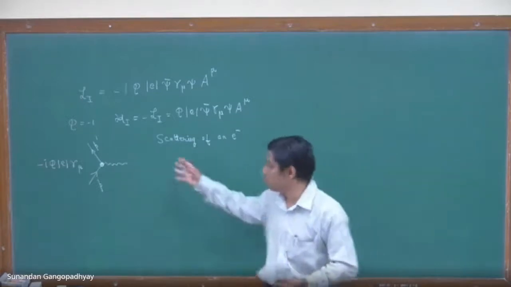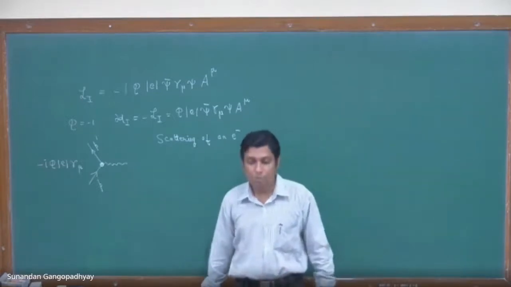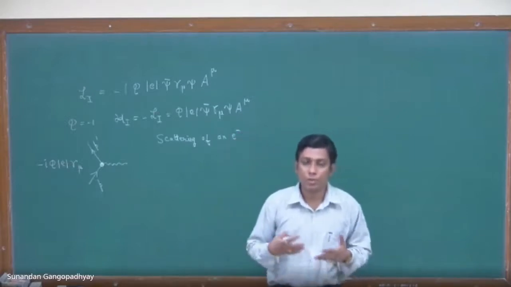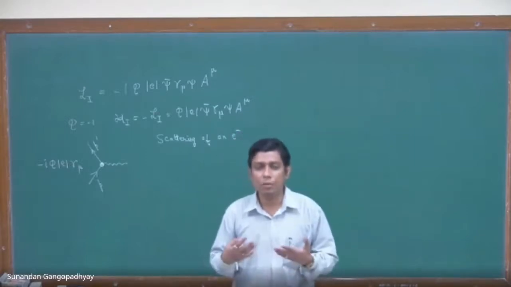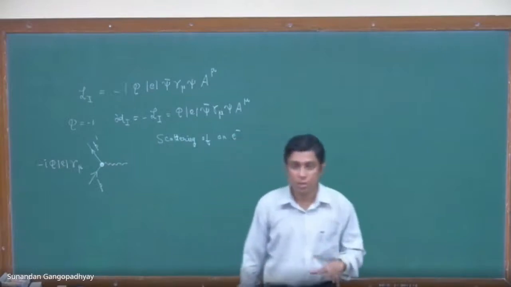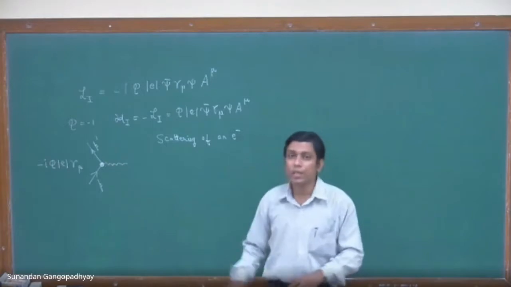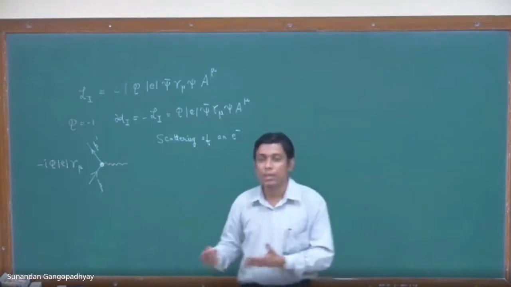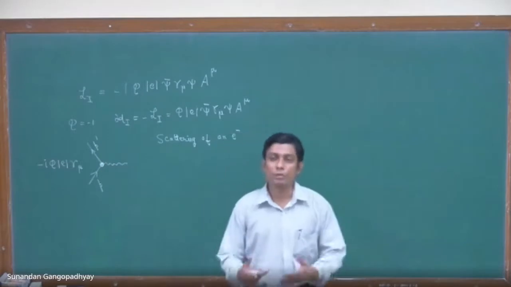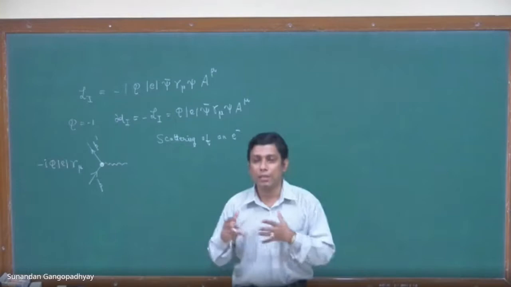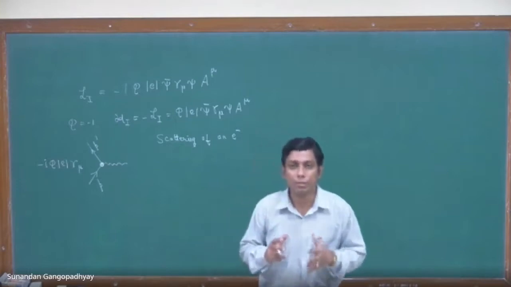These cross sections were actually derived at a time when quantum electrodynamics was not there, and there were no Feynman rules, but these cross sections were derived. But the advantage of using quantum electrodynamics, you can say that this is a byproduct of quantum electrodynamics: once you have the Feynman rules in your hand, the calculation of this cross section becomes much simpler.